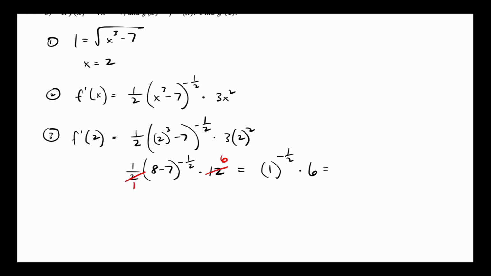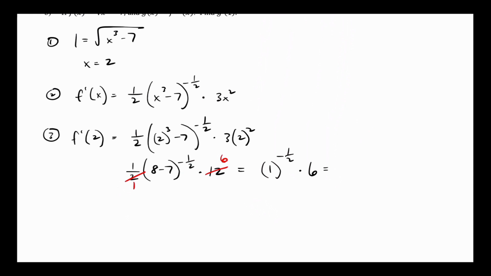So when I plug in 2, I simplified it, and I have 1 to the negative 1/2 times 6. So what is 1 to the negative 1/2? It means flip it, and then what does the 1/2 power mean? Square root.